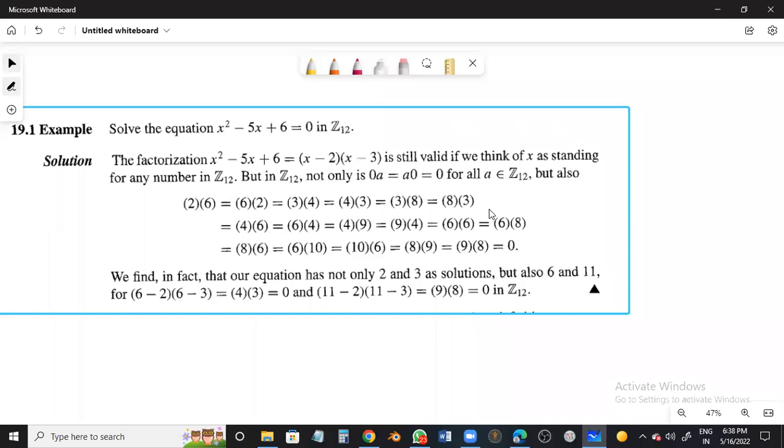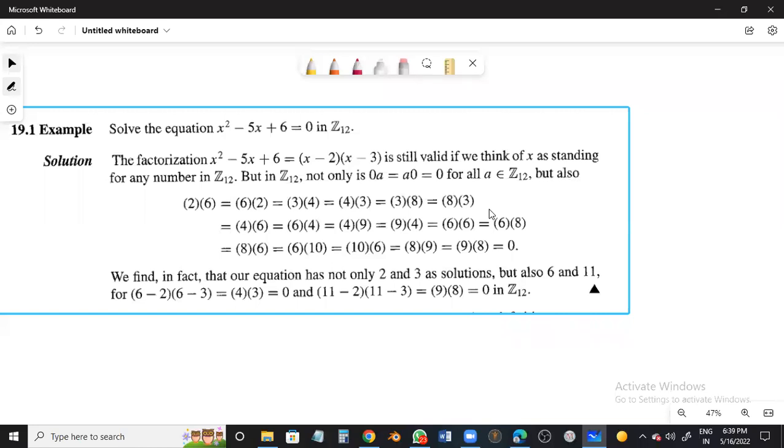4 6s, 6 4s, 4 9s, 9 4s, 6 6s, 6 8s, 8 6s are all zero. I hope all of you are observing that all of them are divisible by 12. So these many zero divisors you can say, because their product is 0.